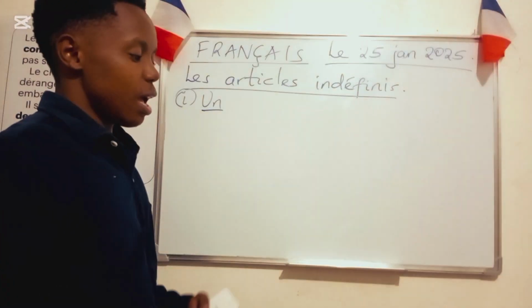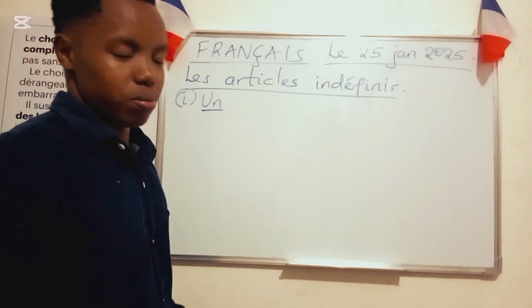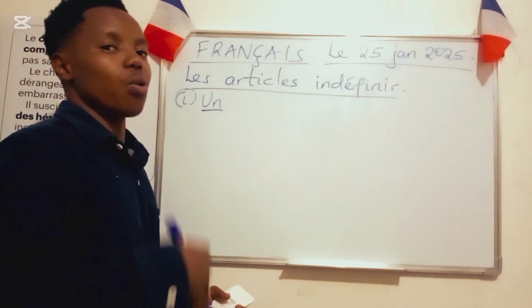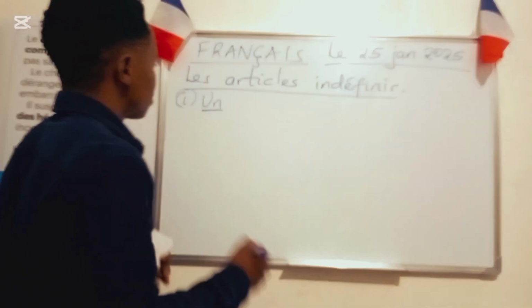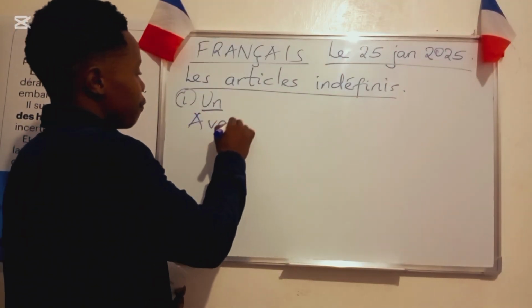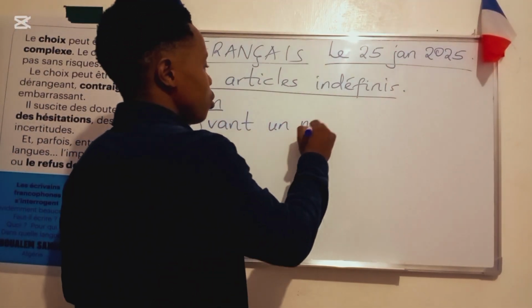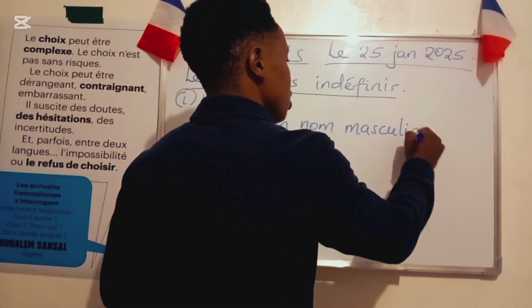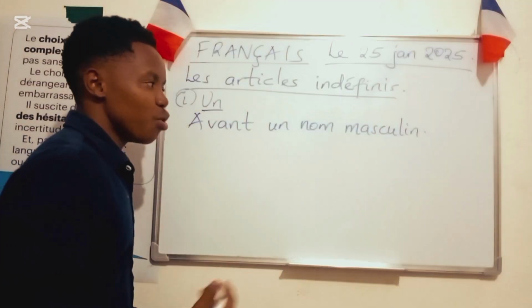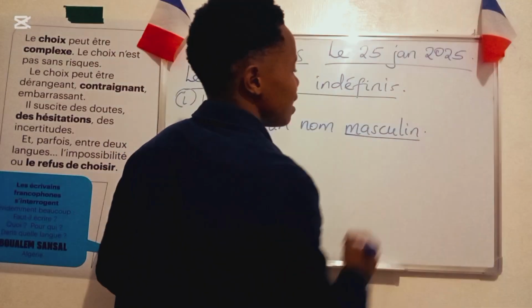When do I use it? I will employ it before a noun that is masculine. So I will write here avant un nom masculin. C'est toujours employé avant un nom masculin. The keyword here is masculine.